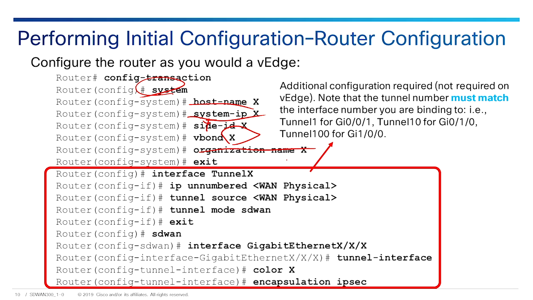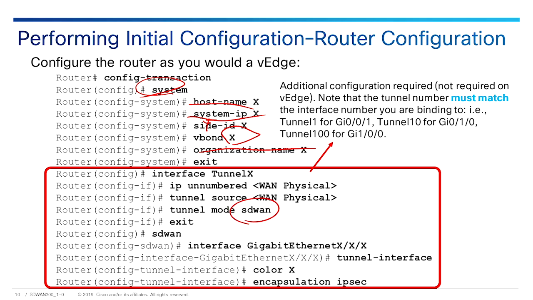We exit, and we create a tunnel interface, making it IP unnumbered to the physical interface we're going to use. The interface number is going to bind to it: tunnel 1 for gig 0/0/1, tunnel 10 for gig 0/0/10, tunnel 100 for gig 0/1/0. These have to match. Then the tunnel mode is SD-WAN.